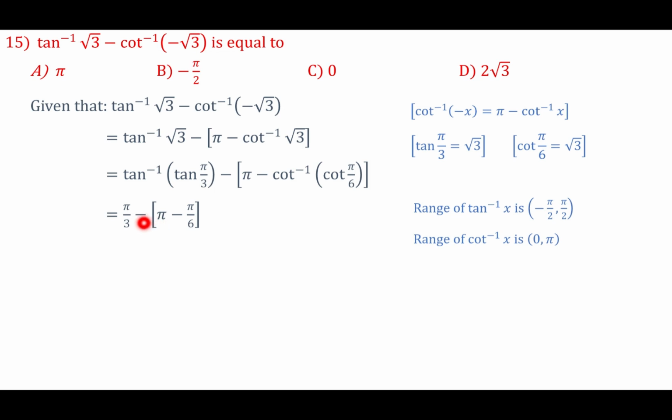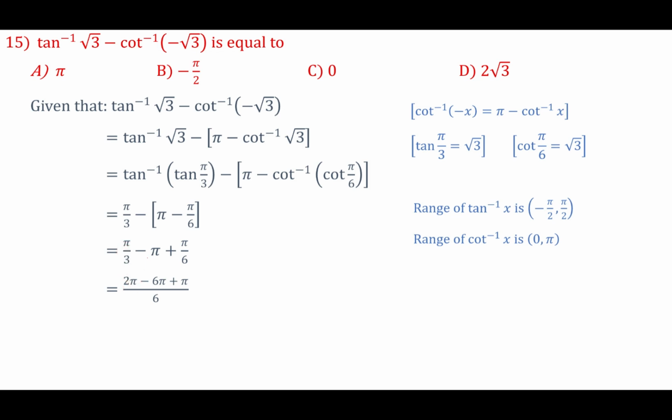Now, if I multiply this negative sign throughout the parentheses, I get pi by 3 minus pi plus pi by 6, because negative with negative is positive. Now, the LCM is 6. So 6 divided by 3 is 2, 2 times pi is 2 pi.